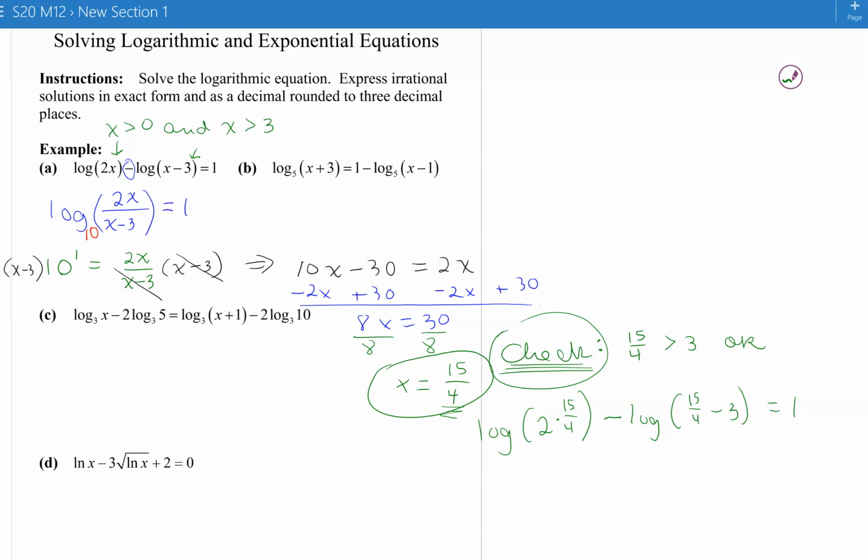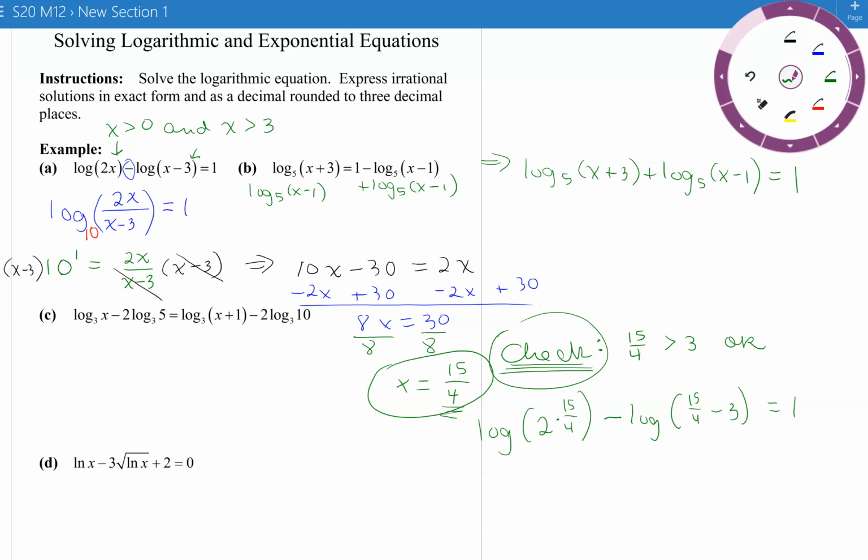Okay, so B has got logarithms on each side. So I'm going to add log base 5 of x minus 1 to both sides so that I'll have both of the logarithms on one side. So then I'm going to have log base 5 of x plus 3 plus log base 5 of x minus 1, and that equals 1.